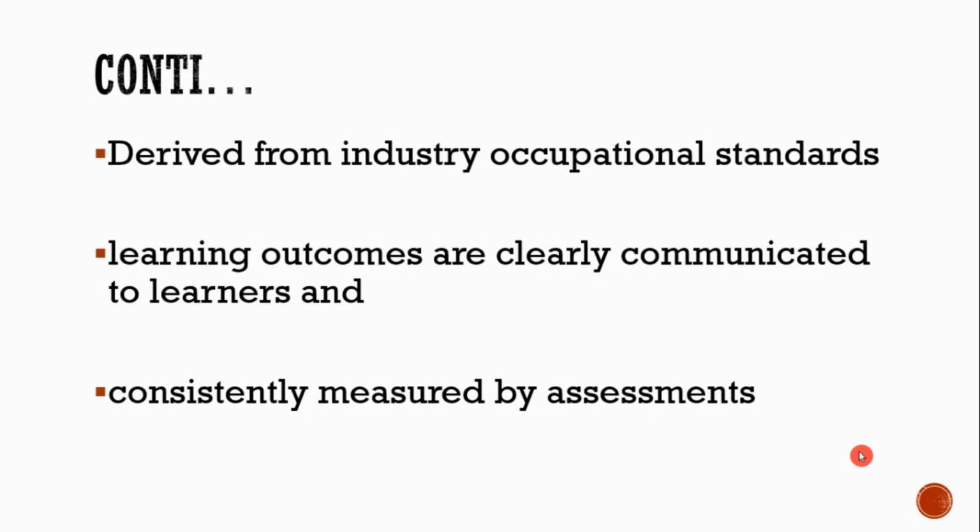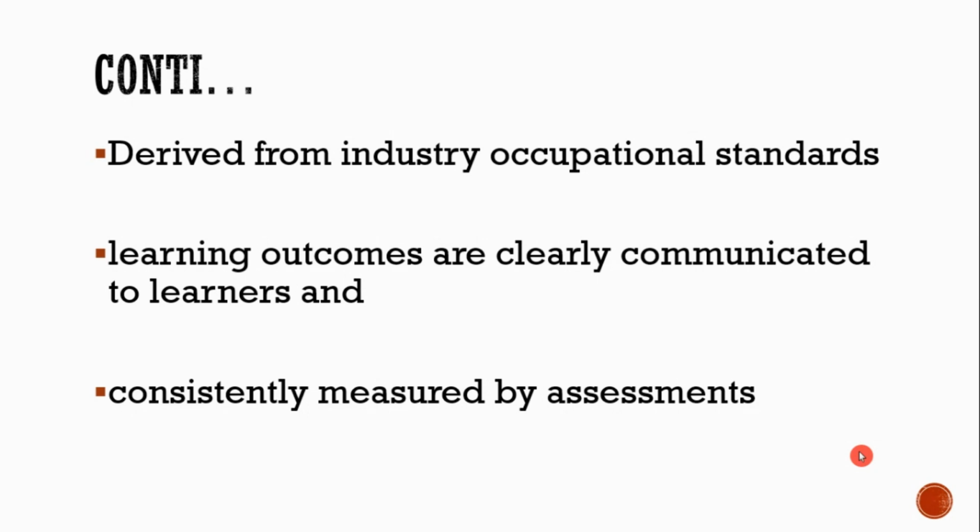And learning outcomes are clearly communicated to learners through various means. One is through content delivery. So at the time you're able to develop or to deliver contents, that is what we call communication. So you're able to deliver the content that aligns to a particular learning outcome.